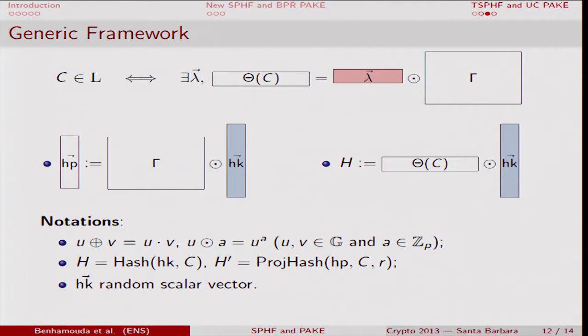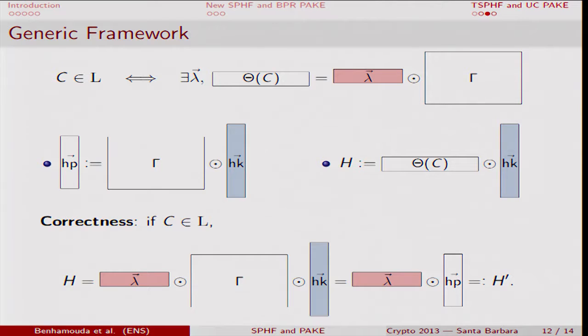And then we can define the hashing key as a random scalar vector, the projection key as the product of gamma and the hashing key, and the hash value as the product of theta of C and the hashing key. And we remark that if the word is in the language, it's possible to compute the hash value using the linear combination coefficients of the matrix gamma and HP.